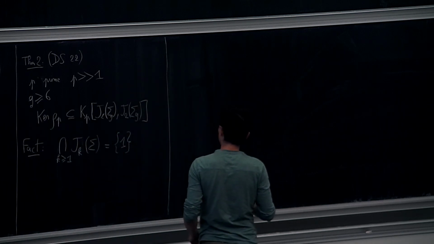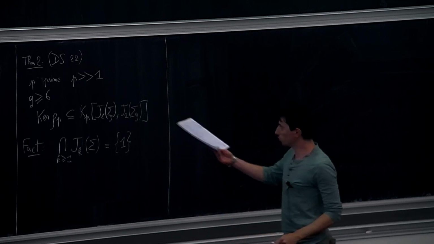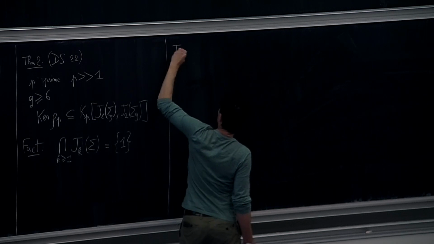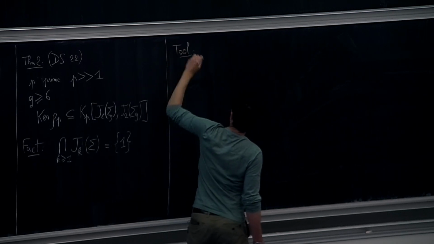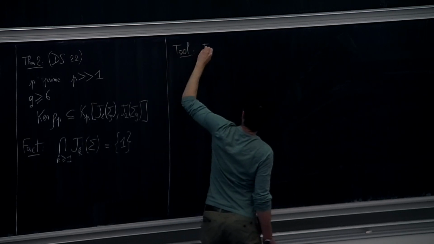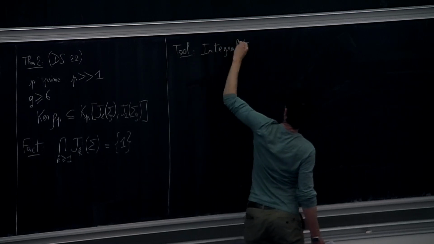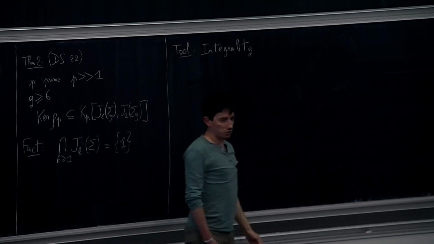So what will be our tool to prove such statements? Well, we will use the integrality of the quantum representation. This is a property of the quantum representation mentioned during the first talk.